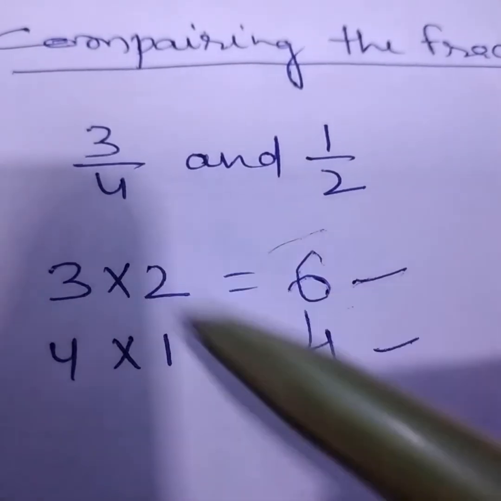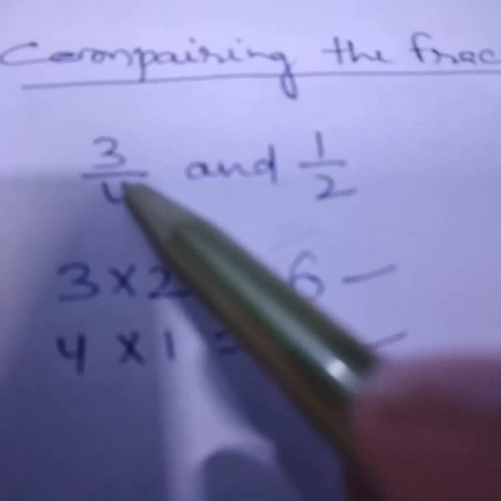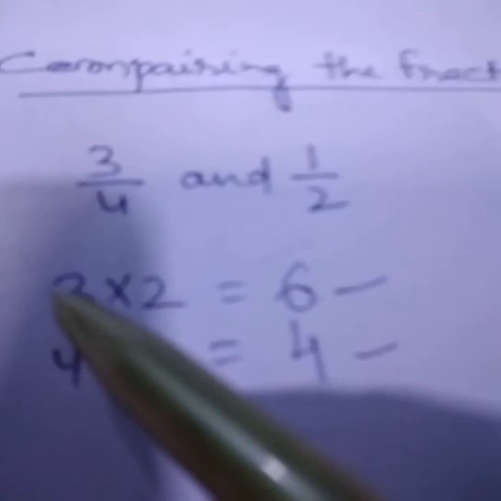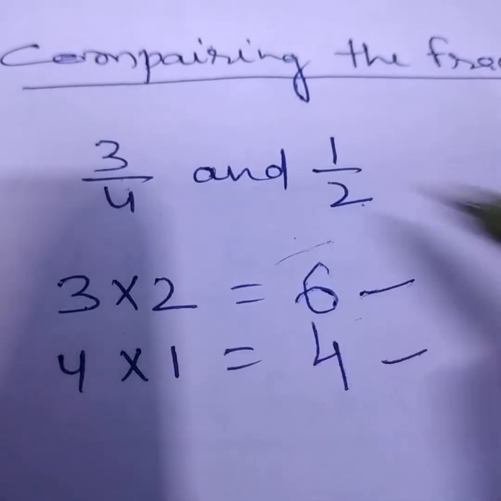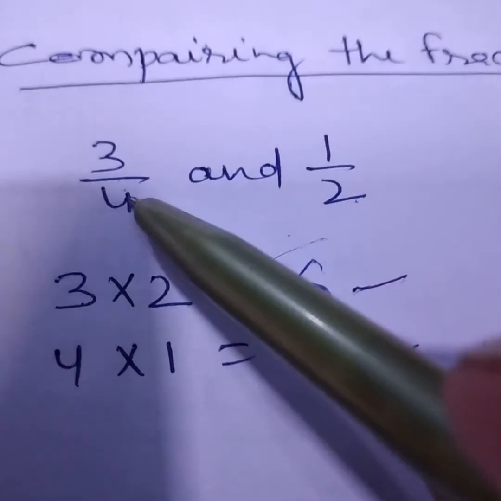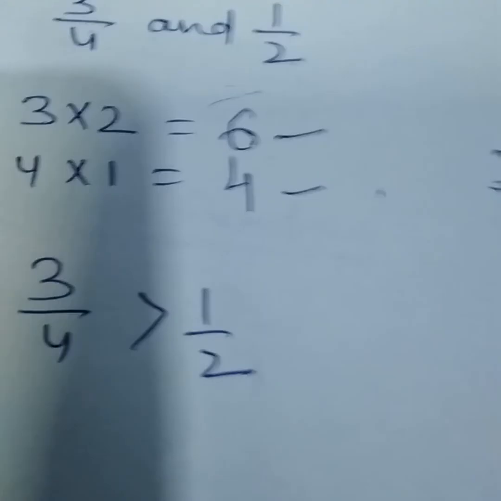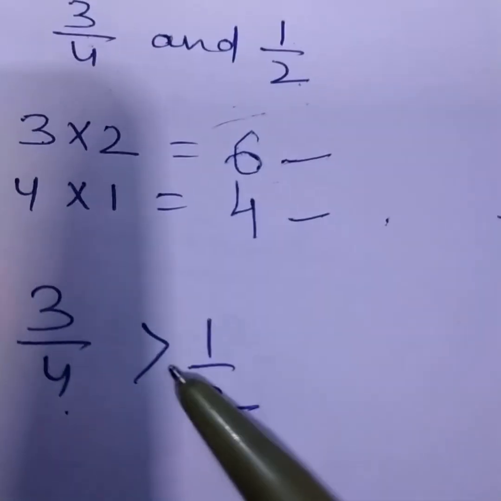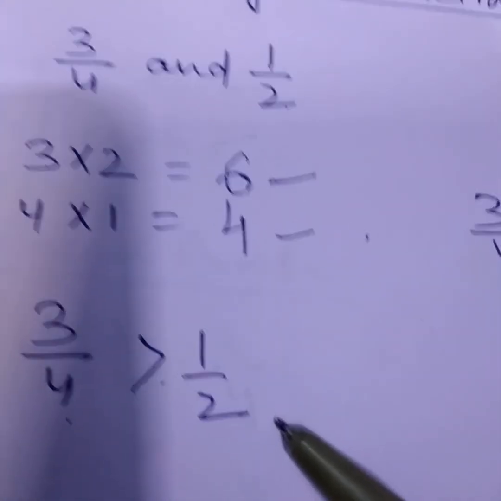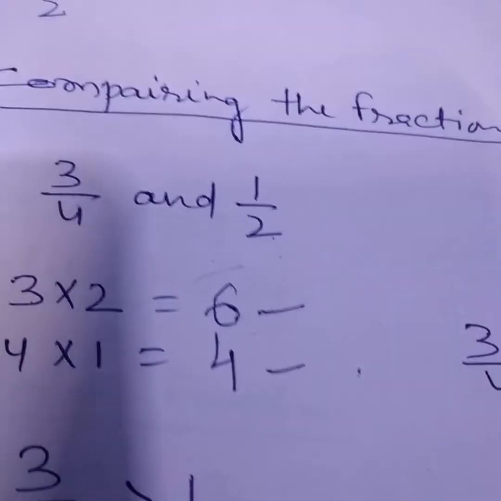The 6 means 3 into 2, where 3 is the numerator of 3 upon 4, so 3 upon 4 is greater than 1 upon 2, and we will write it in this way: 3 upon 4 is greater than 1 upon 2. This is the method of comparing fractions.